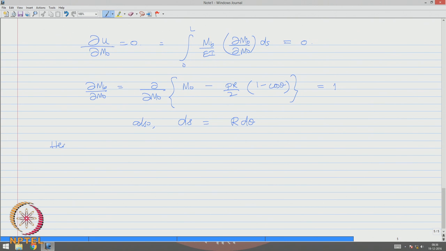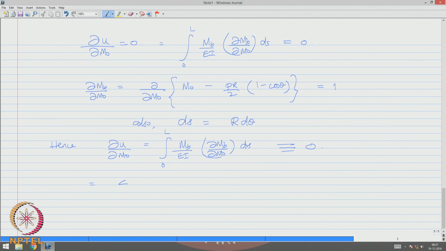Hence, dou U by dou M naught is the integral from 0 to L of MB by EI, dou MB by dou M naught, ds, and that should be set to 0.